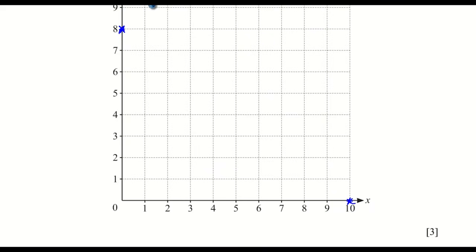Then you can connect the 2 points together like this. So I think we need to adjust that a little bit. Let's pick this. So you have something like this.